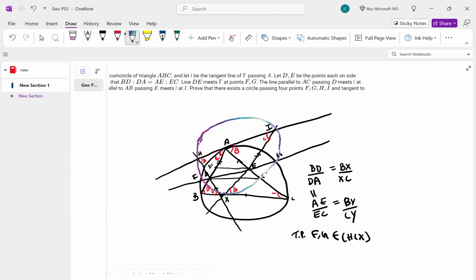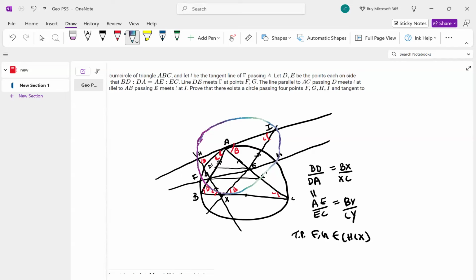Isn't it also equivalent to proving that triangle ADE is similar to the other triangle? How do we know if it exists, it's tangent to BC? So you know that there must be a circle passing through H, I tangent to BC. No, HX is already tangent because HXB is equal to HIX.